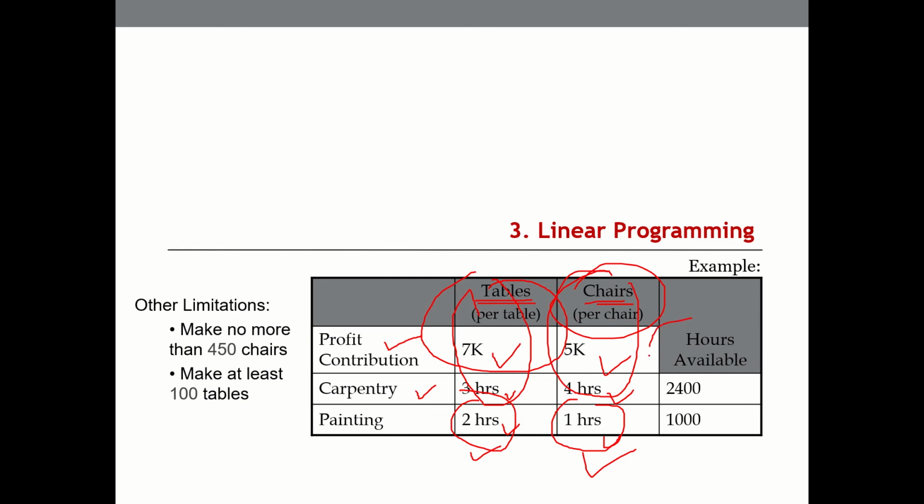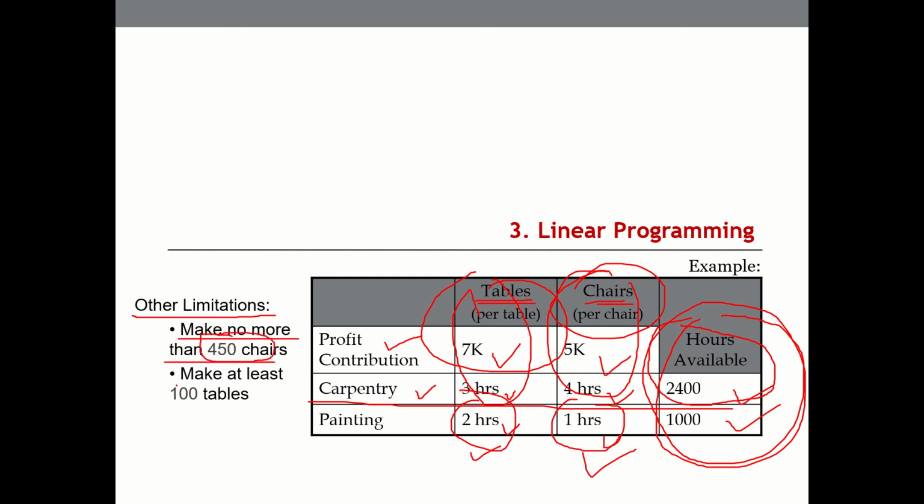Total available work is 2,400 hours for carpentry work and 1,000 hours for painting work. There are also other limitations: we should not make more than 450 chairs, and we should make at least 100 tables.